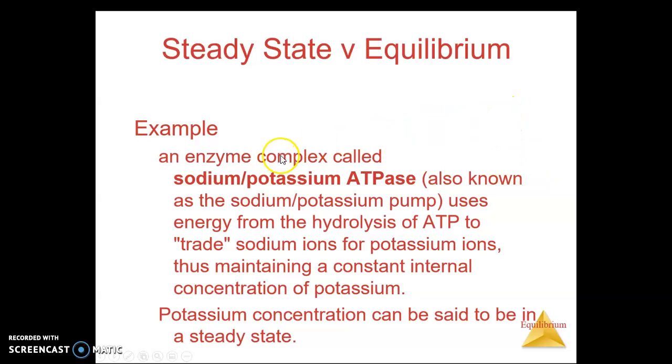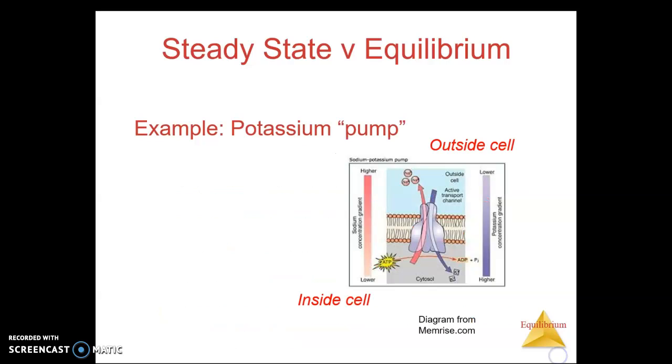Example, there's an enzyme complex called sodium-potassium ATPase. It's known as a sodium-potassium pump. You may have seen it. It uses energy from the hydrolysis of ATP to trade sodium ions for potassium ions. It's active transport across the cell membrane so that you have a constant internal concentration of potassium or else you die. So the potassium concentration is in a steady state even though this is an open system in the cell, and you have to constantly be using ATP to keep that potassium concentration the same.